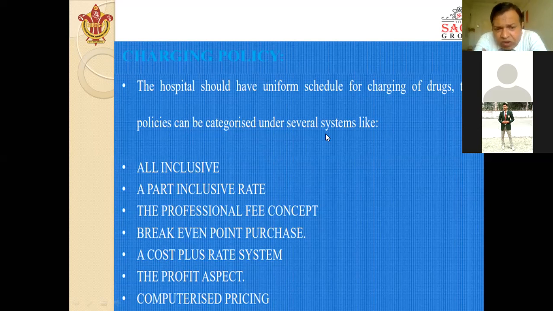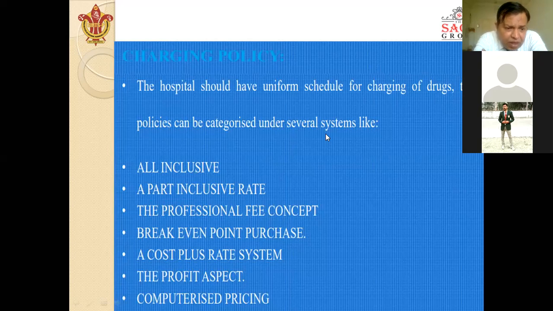All medicine charges are also inclusive in your treatment. That is, a lump sum bill will come at the time of your discharge. Next is a part inclusive rate. In another, a portion is inclusive and part you have to pay on taking medicine on prescription.